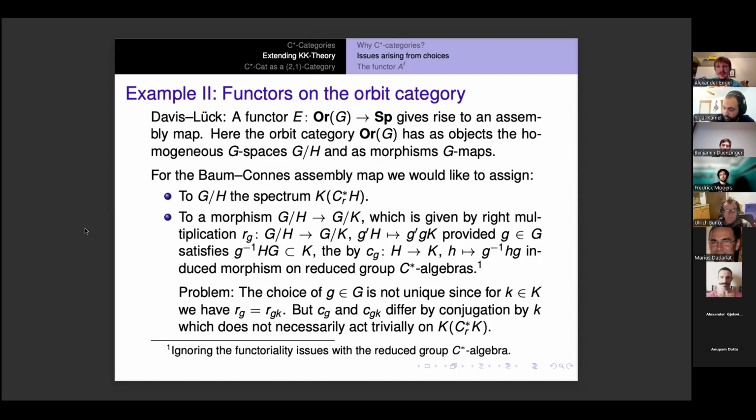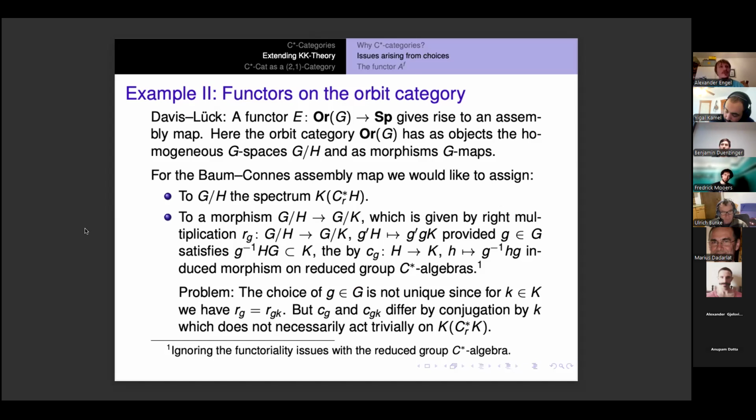Two different choices of such group elements small g differ from each other by conjugation by a group element acting on the reduced group C-star algebra. This group element will be a unitary, so it's basically an inner conjugation, because this group element corresponds to a unitary in this reduced group C-star algebra. It's a generator in it. So again, here two different choices differ by conjugation by a unitary.